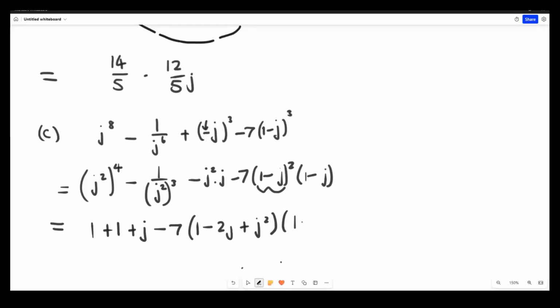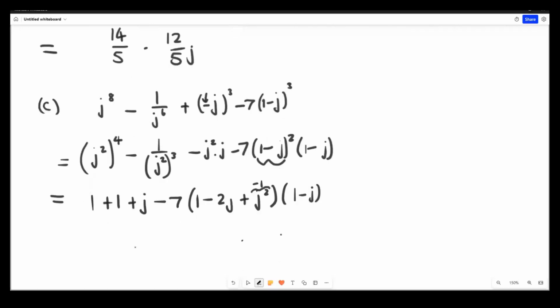It doesn't interfere with us. You'll see things will work out nicely. And you guys will notice something coming up. j squared is minus 1 here. j squared is minus 1. So minus 1 plus 1 is 0. So look at things unfolding now. Multiplication becomes easy.